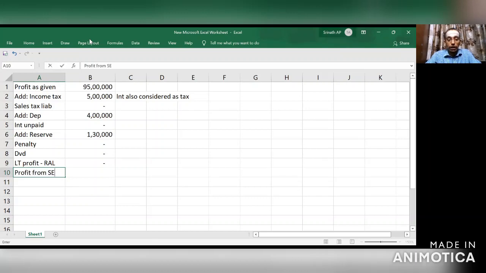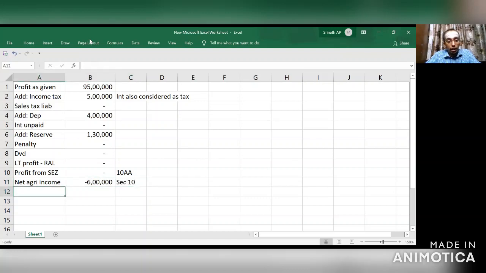Profit from SEZ. Profit from SEZ is under section 10AA, not section 10. Therefore, you will not again exclude. Net agriculture income, expenditure has already been reduced. You will now deduct it because it is exempt under section 10.